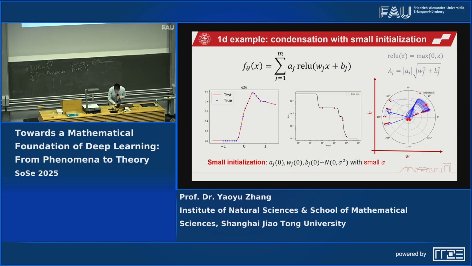And these blue lines are the history trajectories of different neurons. Yeah, that's right. So these two determine where this kind of discontinuity in the derivative happens.